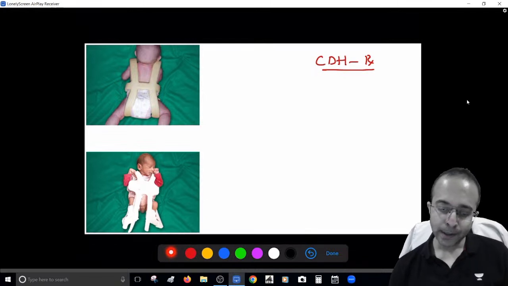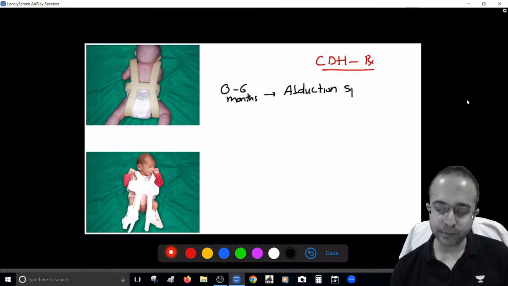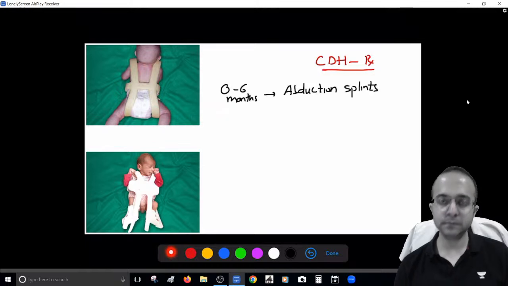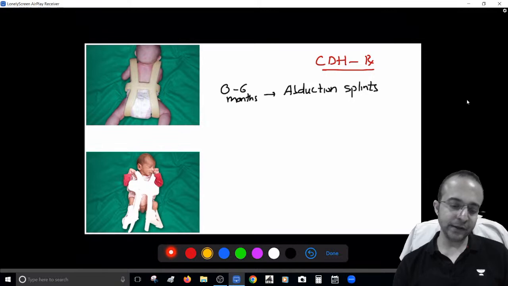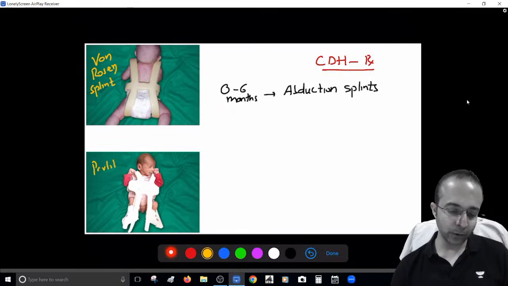See, in the first 6 months, all we advise to these people are the abduction splints. So what you are seeing in this first image is a von Rosen splint, and what you are looking at in the lower image is a very popular splint that's called a Pavlik harness.